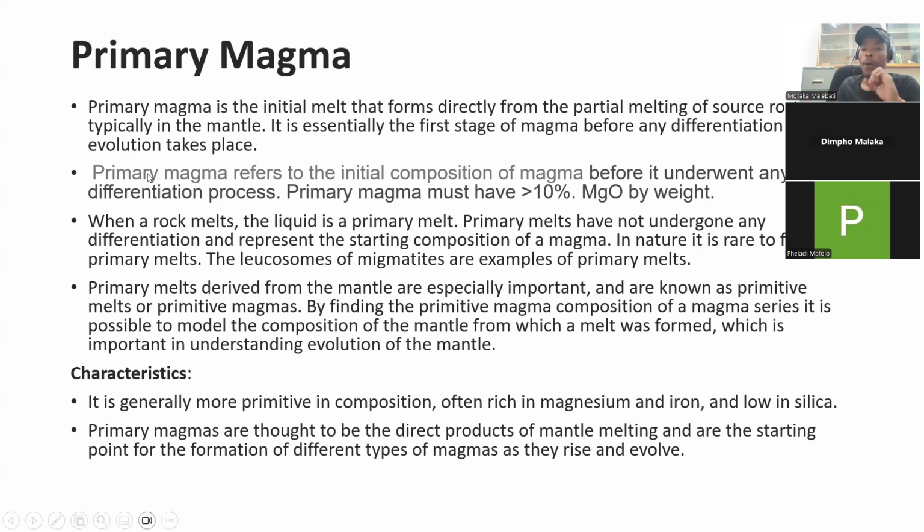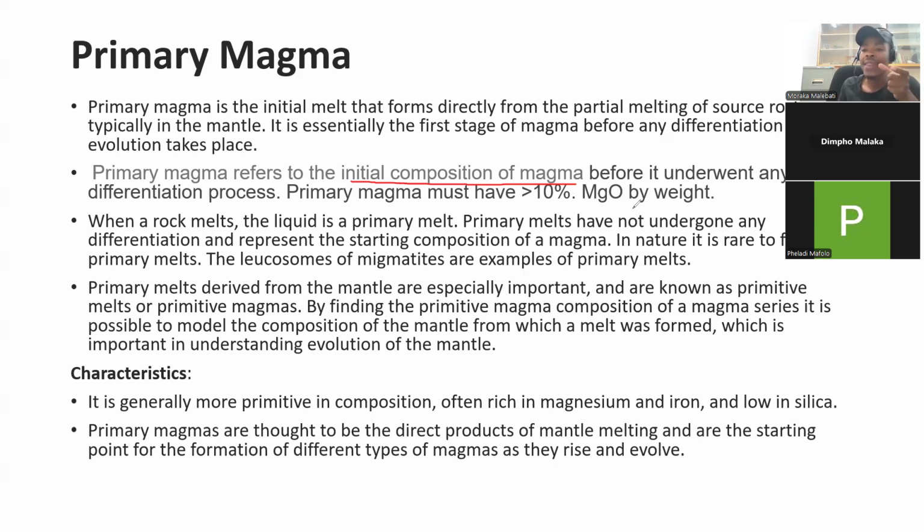Now, a primary magma is the initial composition of the magma. That is the most important part. So underline this: the initial composition of the magma. But this must not have undergone magmatic differentiation.